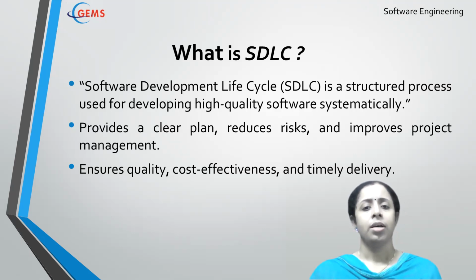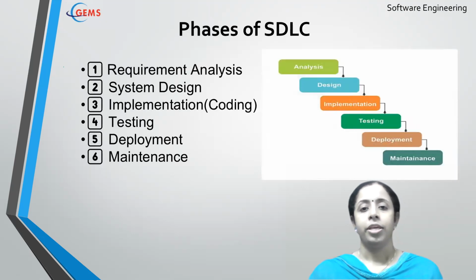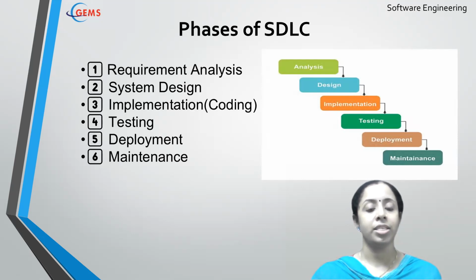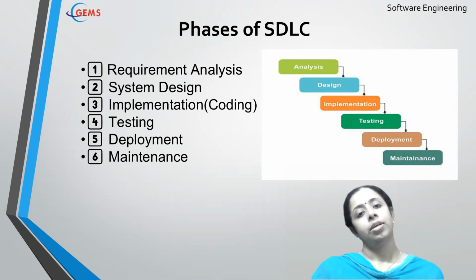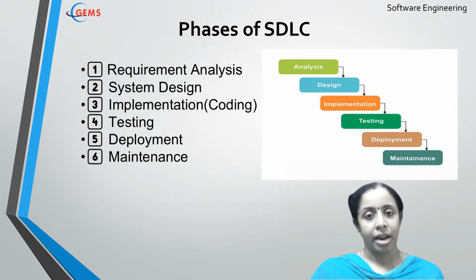So let's see what are the different phases included in SDLC. Here you can see some of the phases. There are mainly 6 phases included in SDLC. What are they? Requirement analysis, that is the first stage of SDLC. The second stage is system design.